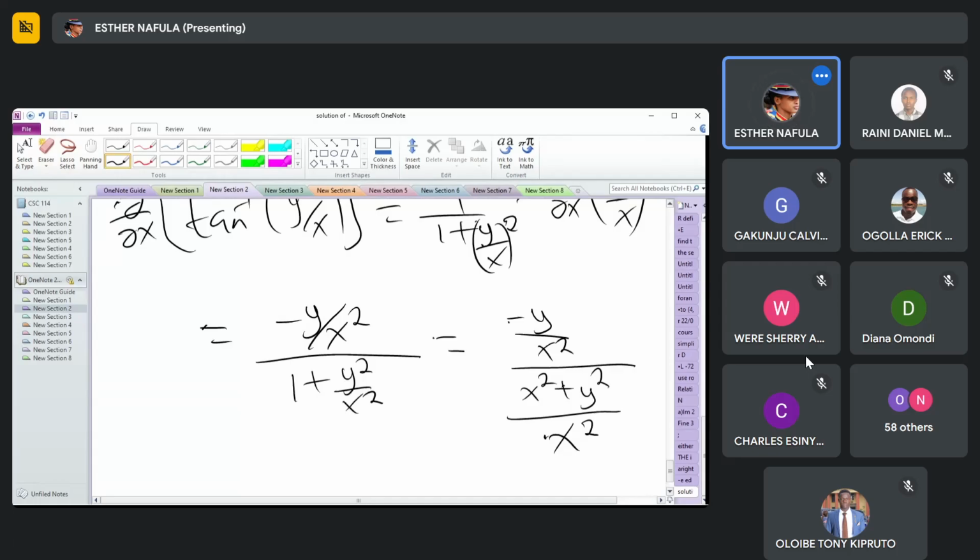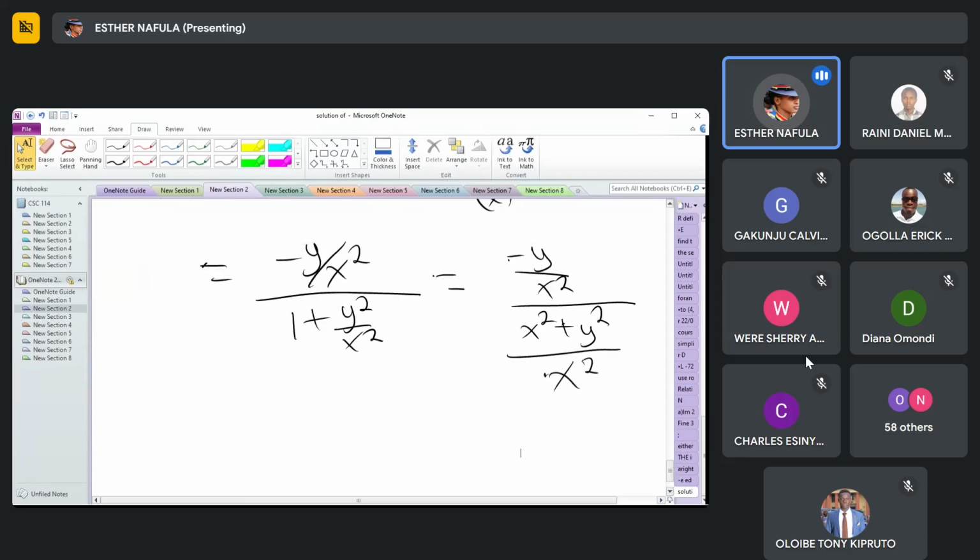So notice that there is an x squared that is going to cancel out in both the numerator and the denominator. This and this will cancel out. And you have minus y over x squared plus y squared.